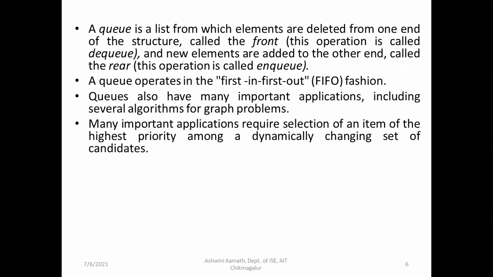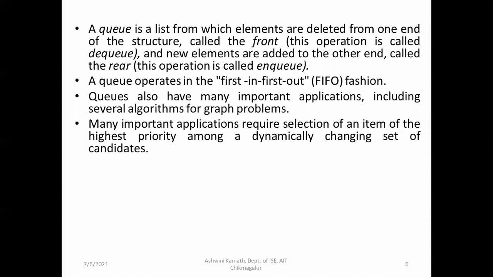Many important applications require selection of an item of the highest priority among a dynamically changing set of candidates. So usually in the system, we have a priority queue for scheduling processes. A process which has the highest priority has to execute first.